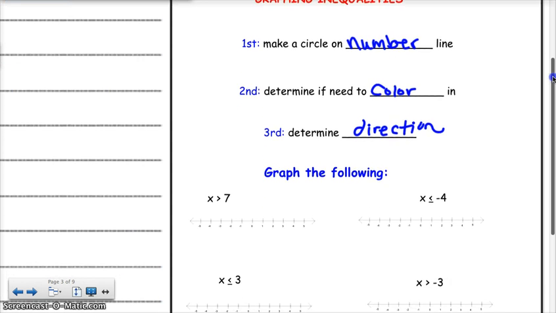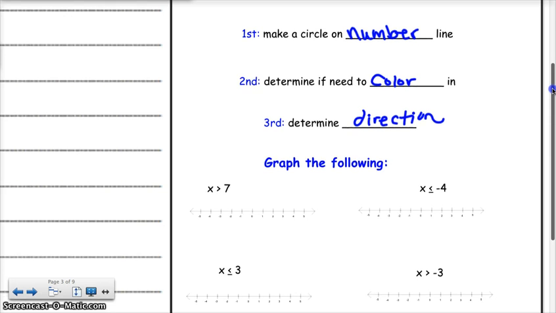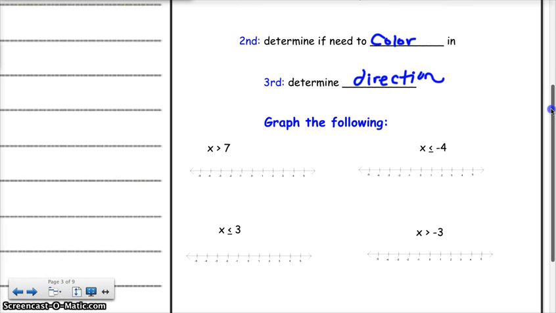For example, x is greater than 7. It's hard to see these numbers here. I'm going to make mine really big. Oh, it's locked. Okay. So I don't even have 7 on here. I only went to 5. So 6, 7, I'm going to expand it a little bit.